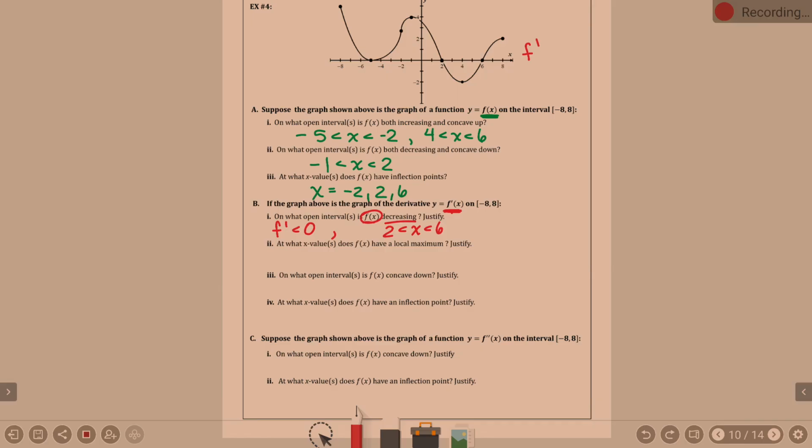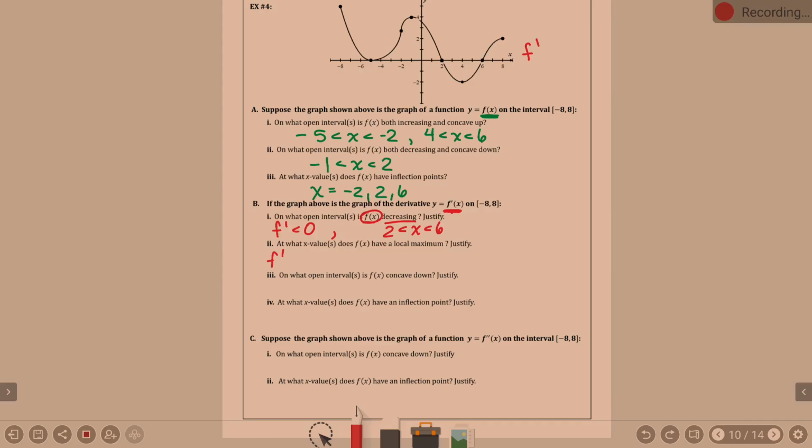No, maxes specifically occur when my graph goes from increasing to decreasing, or in other words, when f prime changes from positive to negative.